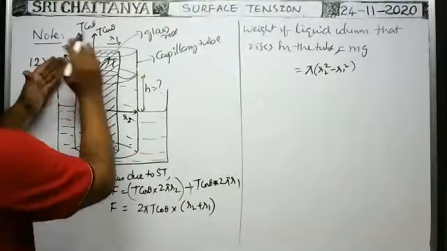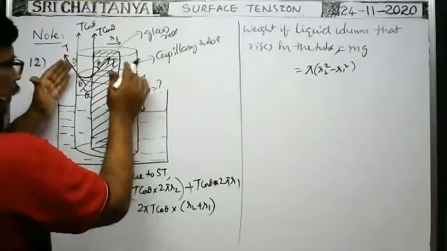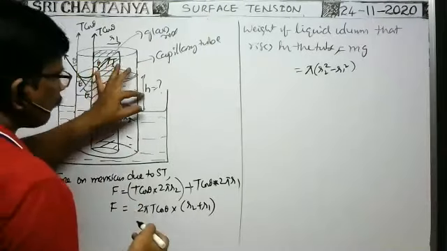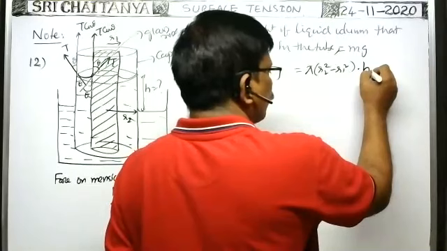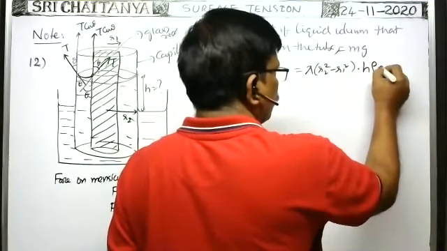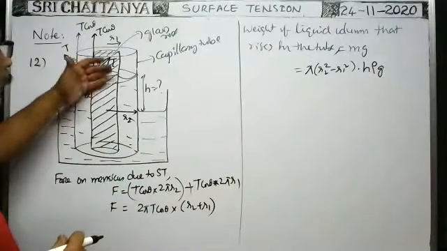Pi R2 square is the total area of cross section, and from it you subtract the area of the rod. This area of cross section times the height gives the volume of the liquid column, times density gives mass, times g gives weight. This is the weight of the liquid column that rises in the capillary tube.